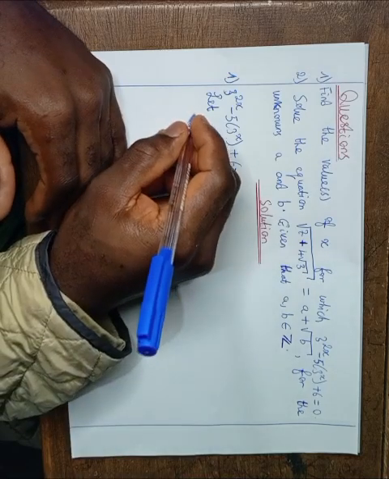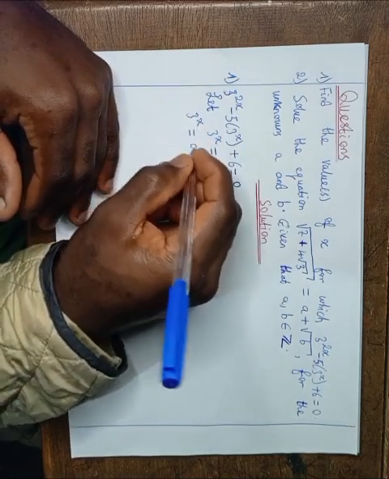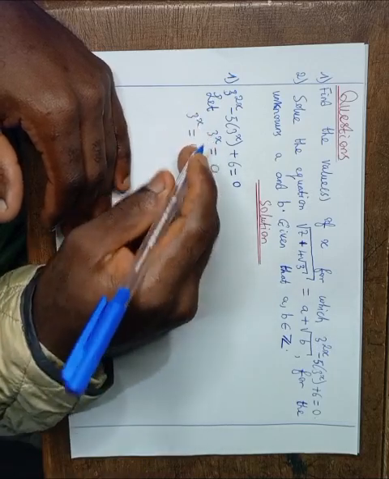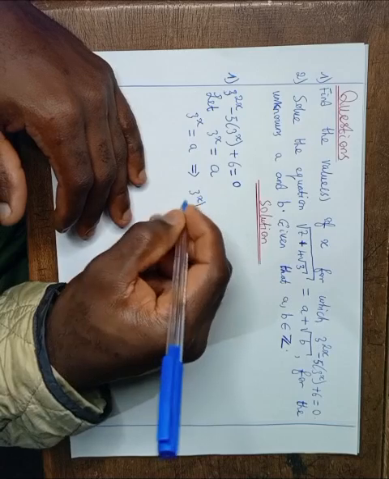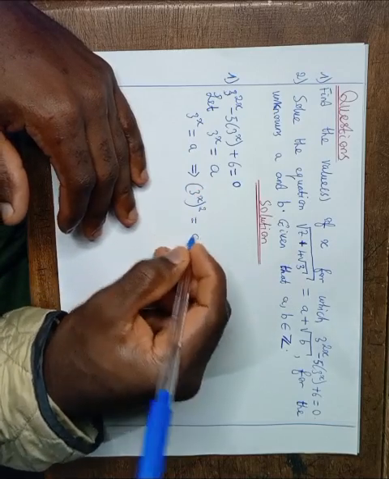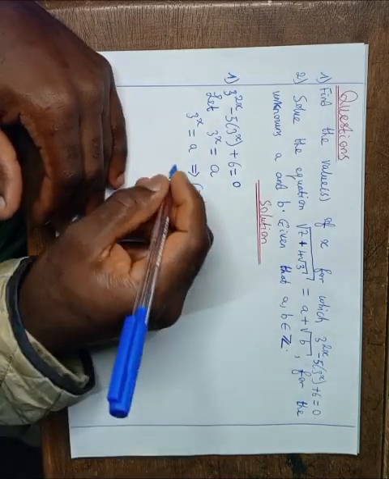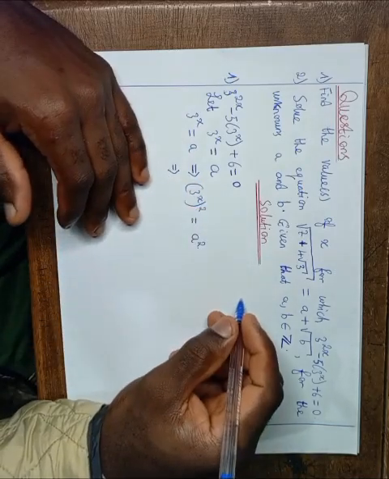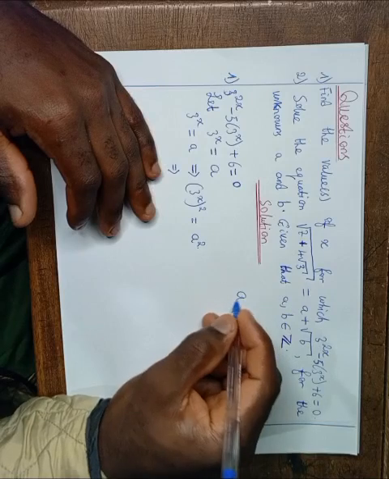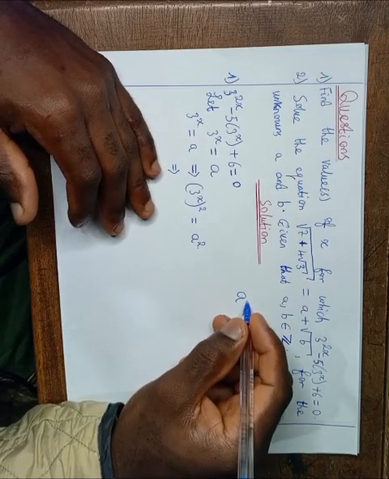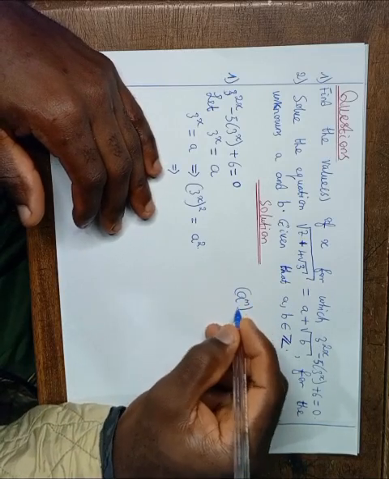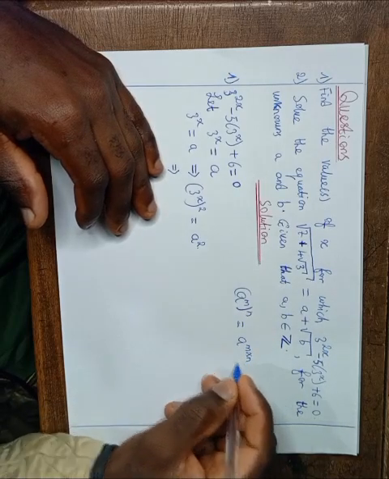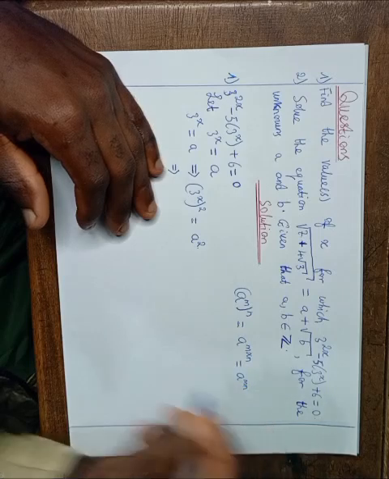Next, if 3 raised to the power x is equal to a, then if we square both sides, the left hand side and the right hand side, this will give us 3 raised to the power x, all this squared, is equal to a squared. To simplify this, we are going to make use of this law of indices, which states that a raised to the power m, all this raised to the power n, is simply equal to a raised to the power m times n, which is a^(mn).